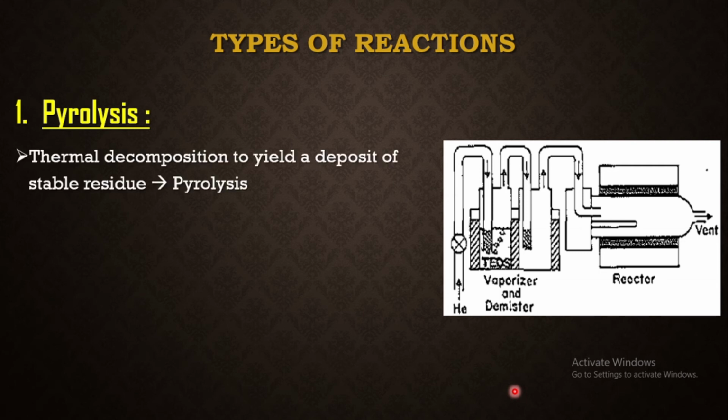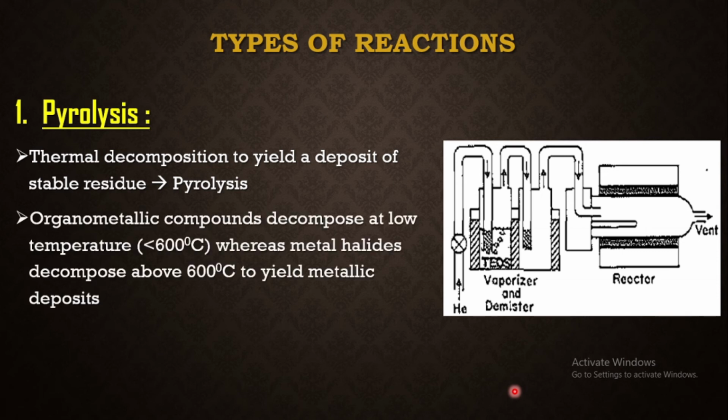The thermal decomposition of a compound to yield a deposit of a stable residue is called pyrolysis, and the organometallic compounds decompose at low temperatures, generally less than 600 degrees Celsius, whereas metal halides like iodides decompose above about 600 degrees Celsius to yield metallic deposits, meaning again metallic thin films.